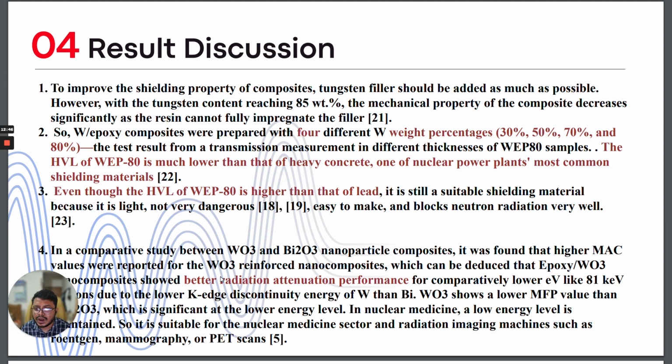Due to the lower K-absorption discontinuity energy of tungsten and bismuth, tungsten oxide shows a lower MAC value than bismuth oxide, which is significant at the lower energy level.